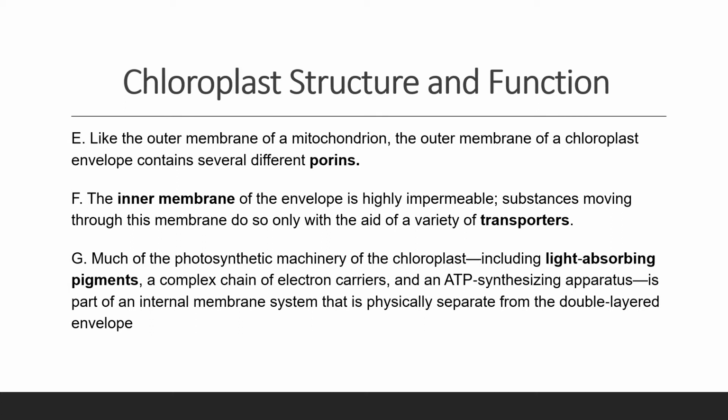Much of the photosynthetic machinery of the chloroplast, including light-absorbing pigments, a complex chain of electron carriers, and an ATP synthesizing apparatus, is part of an internal membrane system that is physically separate from the double-layered envelope.